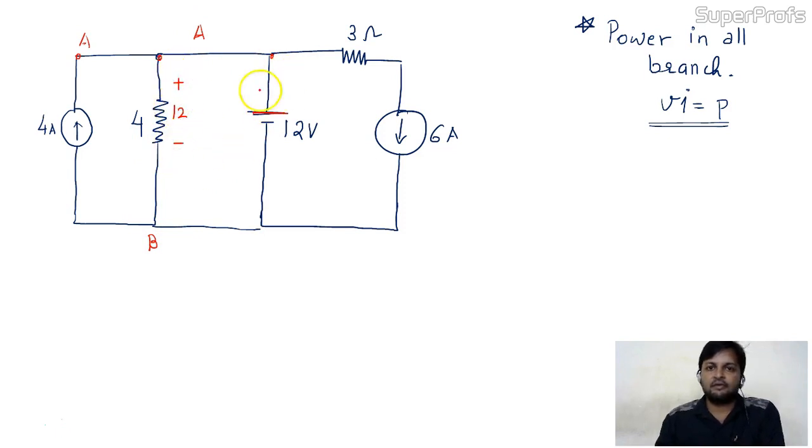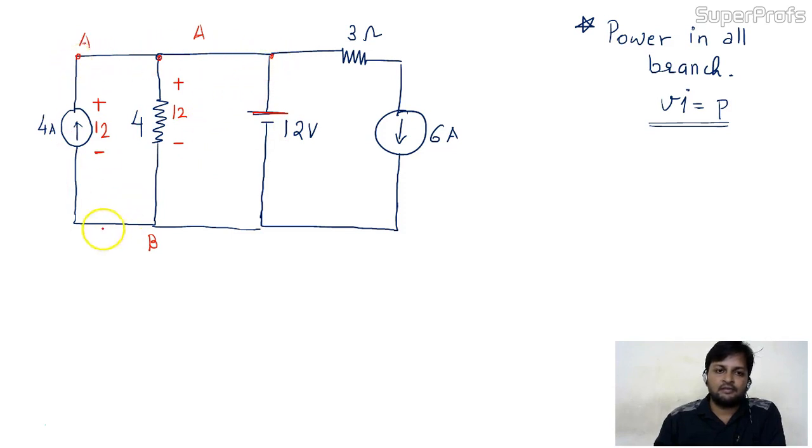The same 12 volt is given across the 4 ohm resistance. And if this point and this point are the same, then I know the voltage drop across this current source is also 12. All are the same. Because these three branches are connected in parallel.